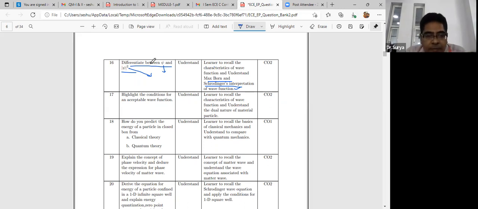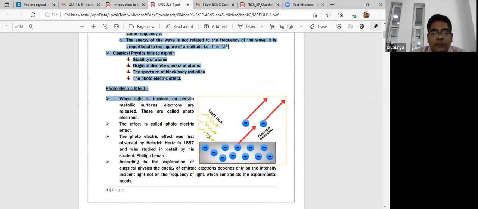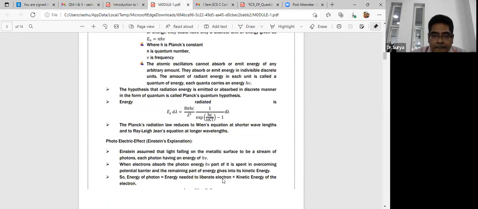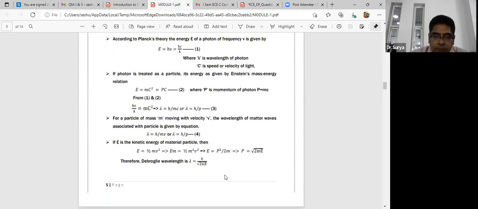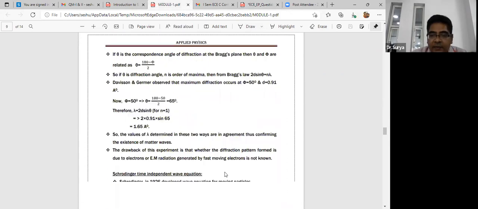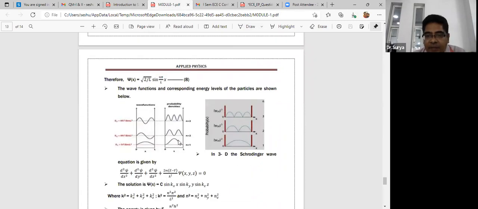Okay, so next, how do you predict the energy of a particle in a closed box from classical theory and quantum theory? How do we differentiate between classical theory and quantum theory? Look, classical theory is given by waves in a stretched string, where we have some nodes and antinodes, right?